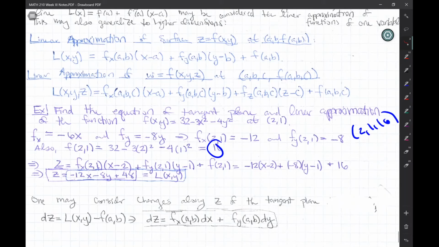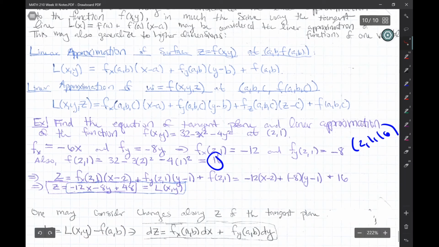And the final word is about changes along z of the tangent plane. So we could look at changes along z from the linear approximation to the point f(a, b) on the graph. We could look at that difference. And just looking at this formula and moving this to the other side, we end up with this term here.